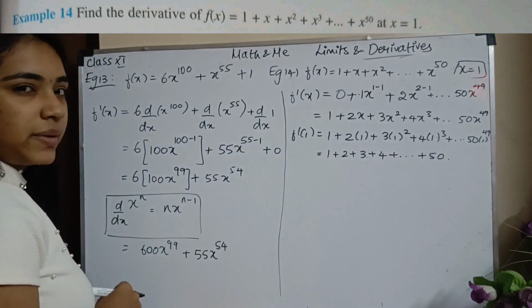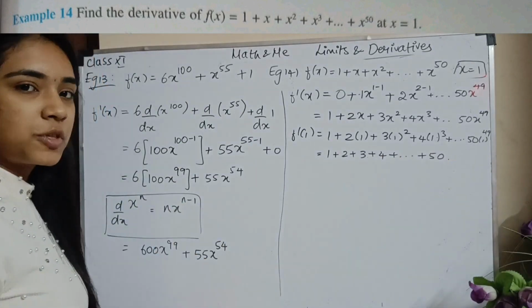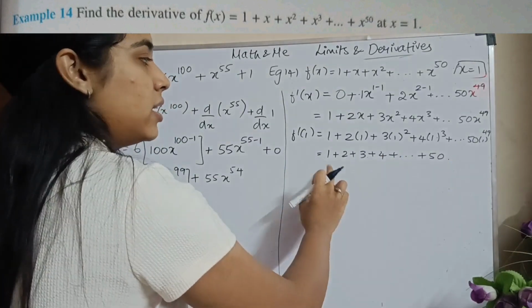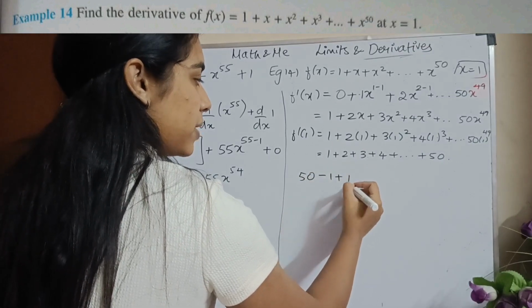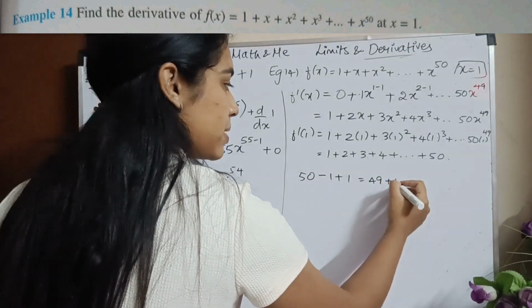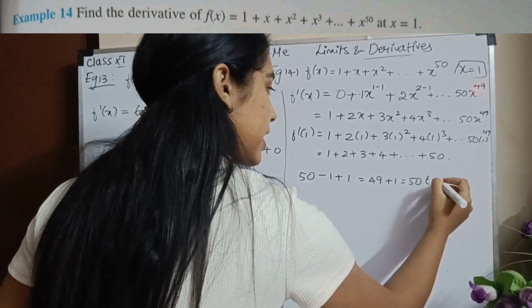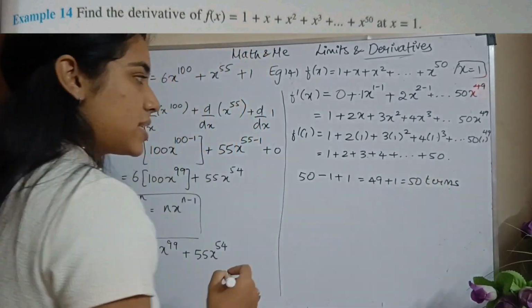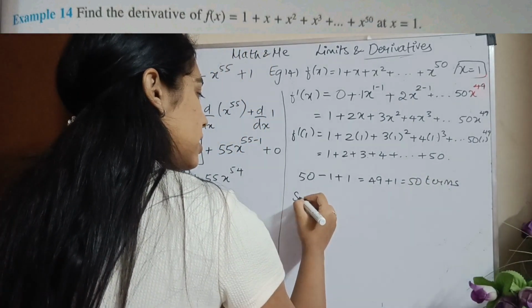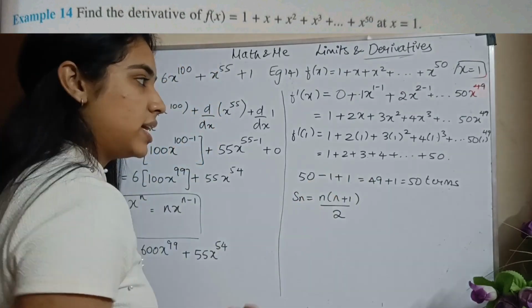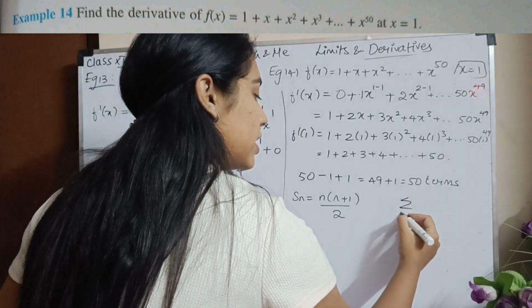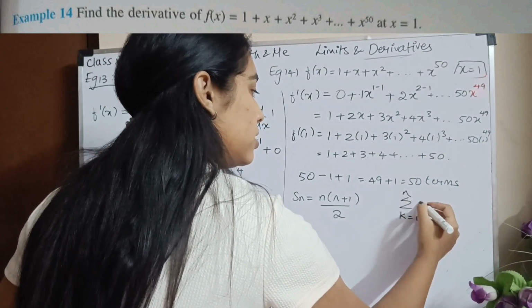So what have we learnt in sequences and series? We have learnt the sum of n terms. So what is your n? Your n is the last number minus the first number plus 1. So 49 plus 1, 50 terms. So I have 50 terms in total. The sum of n terms is n into n plus 1 divided by 2. Correct? This is sigma k equals 1 to n of k.